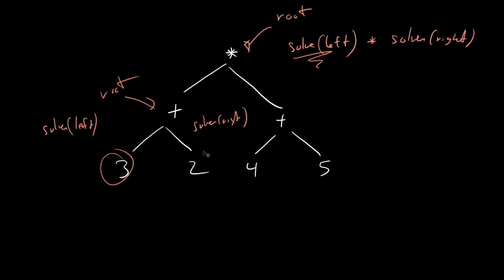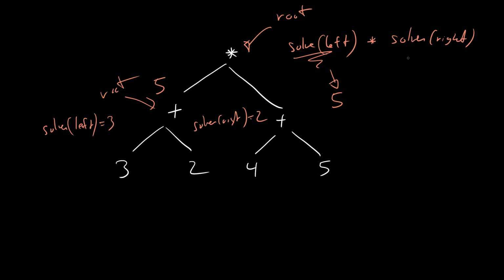Once they're numbers, that's pretty easy. That's just a 3, and then you also have a 2. So once you solve left, that becomes 3, and then you add solve right, which equals 2, and that gives you 5. So solve left, which is this guy, would end up popping 5 for you.